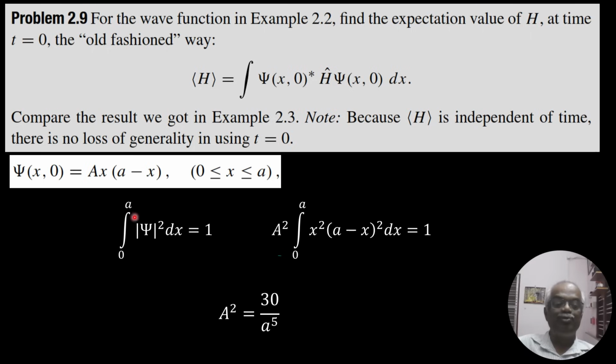So first you find the normalization constant. For that, the integral between 0 to a of modulus psi squared dx must be equal to 1. Now psi is given in example 2.2.